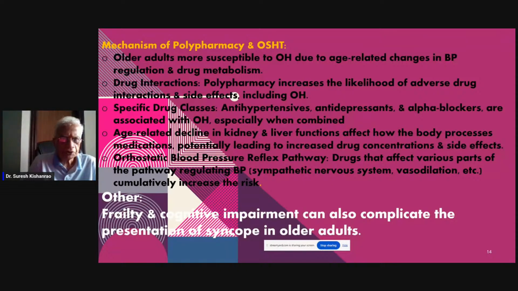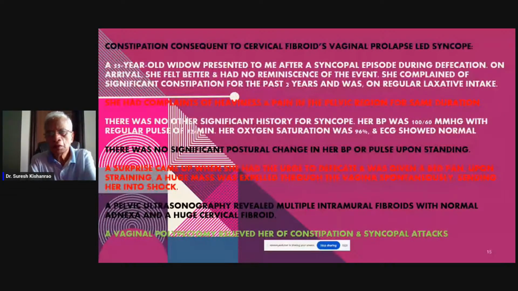The other causes among elderly people are frailty and cognitive impairment, which will complicate the presentation of symptoms. Some trivial things like constipation can also cause it, as we saw in the first case here.